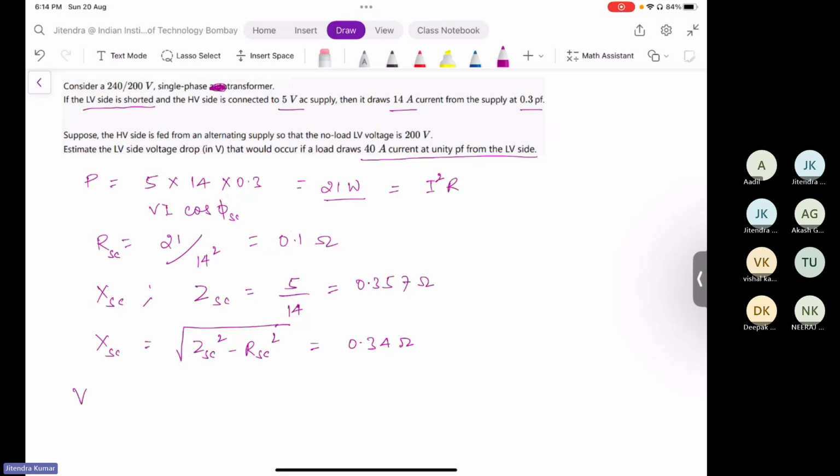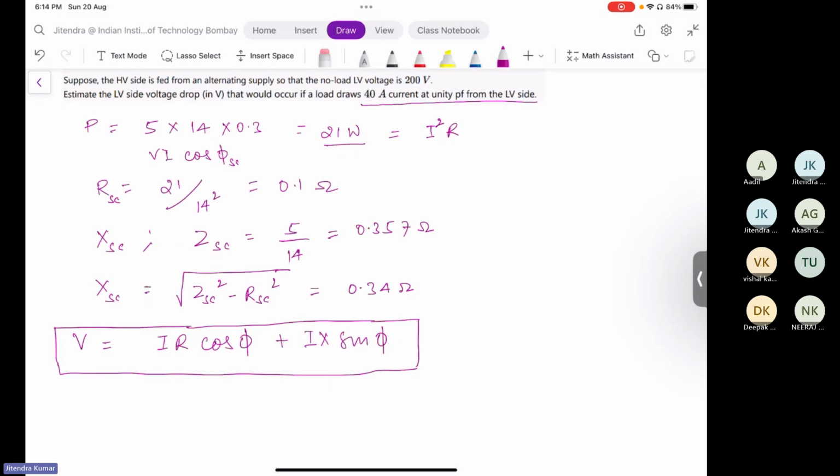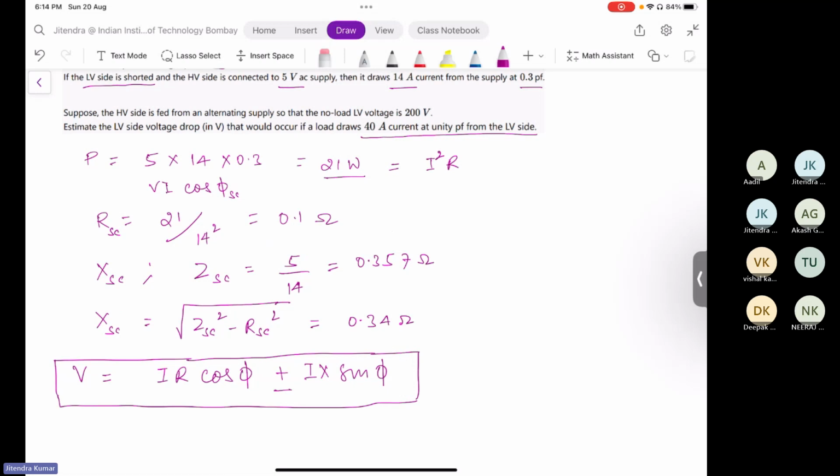So first we compute the voltage drop, which is nothing but I R cos phi plus I X sin phi, right? You might have seen this expression from the voltage regulation expression. Plus is for lagging and minus is for leading. Here unity power factor is given, so we take the plus case.